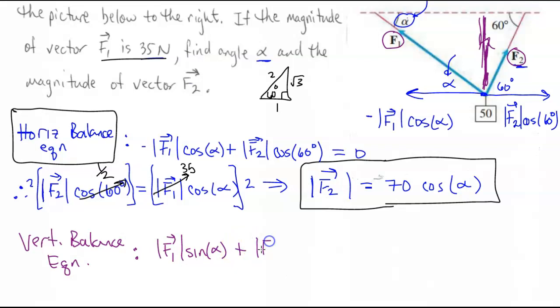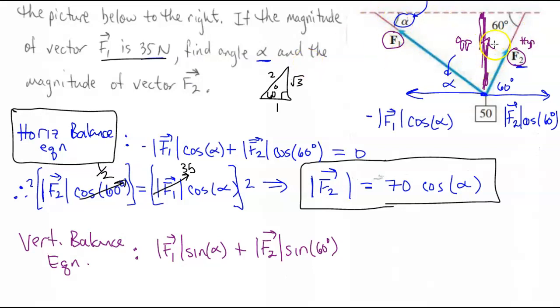And we'll add to that the magnitude of force 2, and this should be sine of 60, not cosine. So this is sine of 60 degrees here. And again, that's because we know sine is going to be opposite over hypotenuse. Okay.